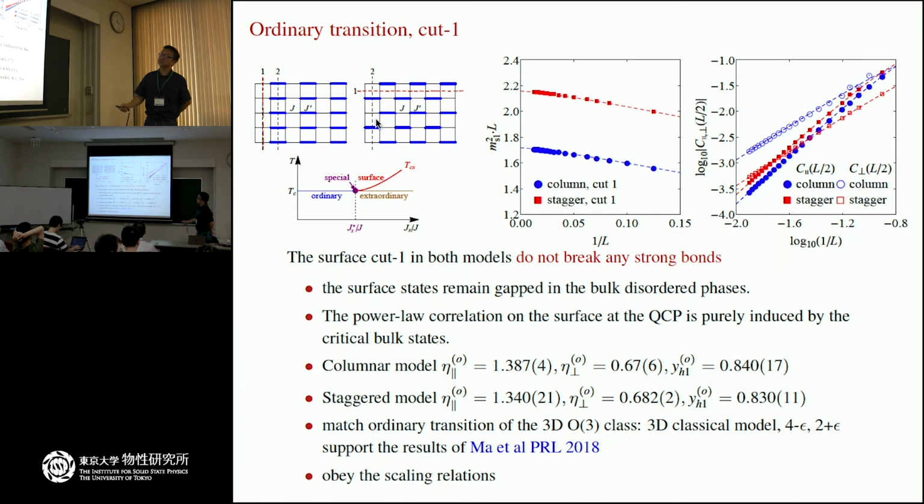So the surface states remain gapped in the bulk disordered phases, because it didn't break any strong bond. This is just like the classical case of a surface disordered.